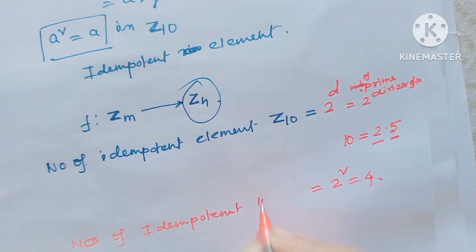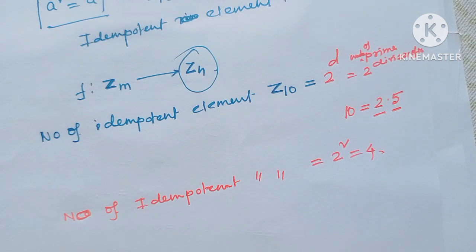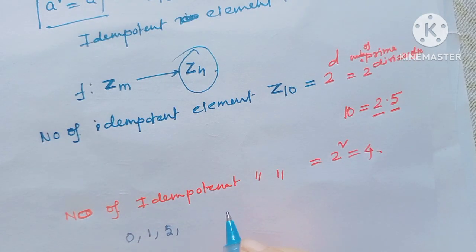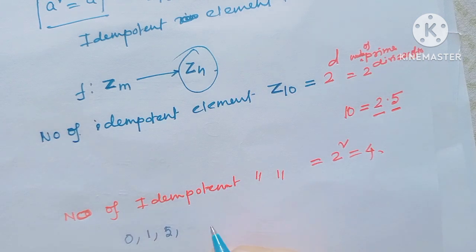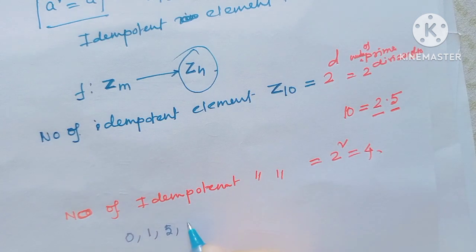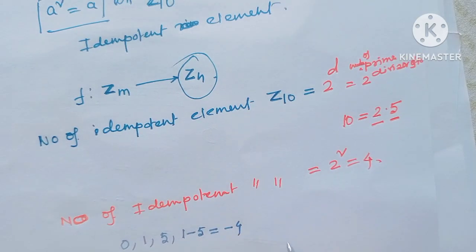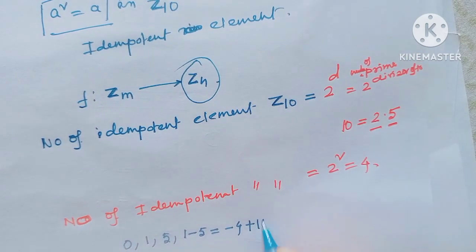The idempotent elements in Z10 are 0, 1, 5. If a is an idempotent element, then we all know 1 minus a is also an idempotent element. That means 1 minus 5, which is equal to minus 4, and minus 4 in Z10 means equal to 6.